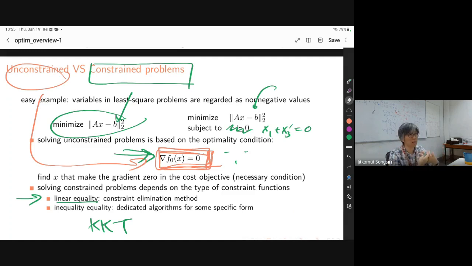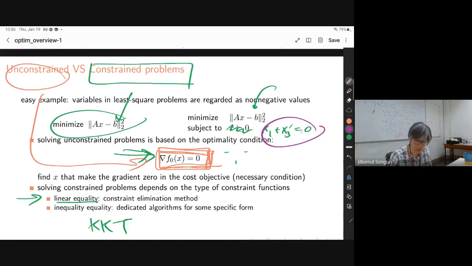They must abide by this constraint. But if you take a look at this, with the technique we have seen previously, the meaning of this is just variable elimination, right? Eliminate some of the x and write it again in terms of z.